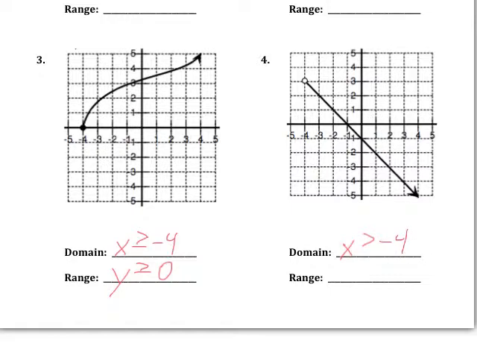And the range is all of the numbers smaller than however high up the graph goes, which is 3. Again, both of those were just greater than and less than signs because of the open circle. Done.